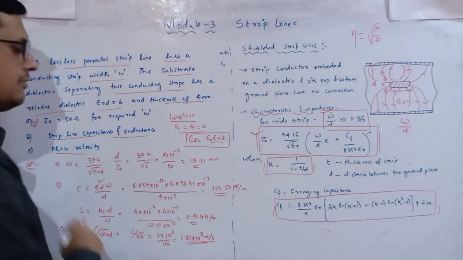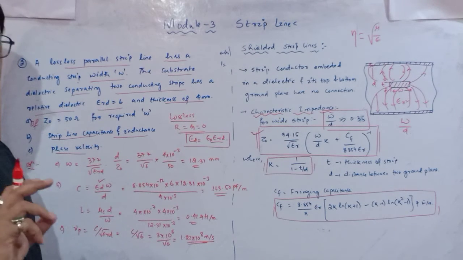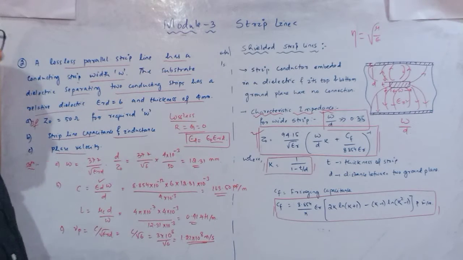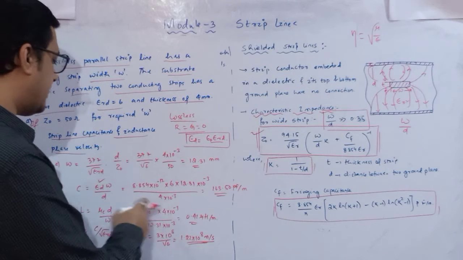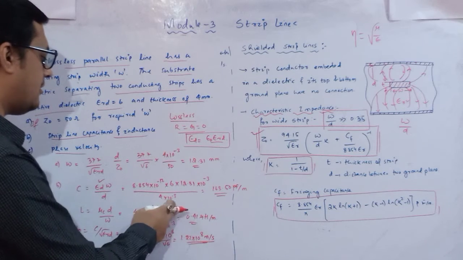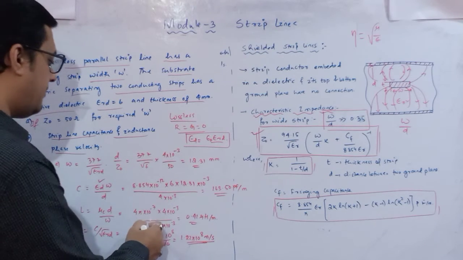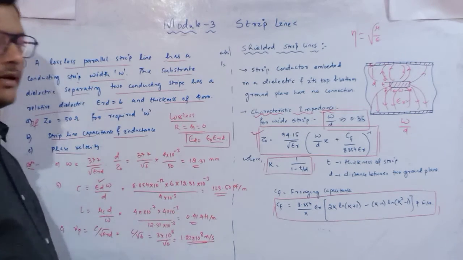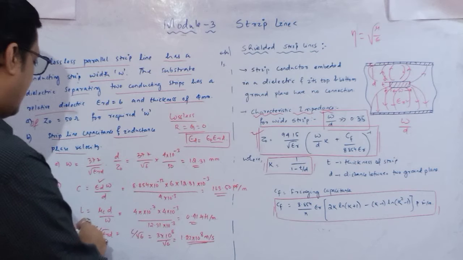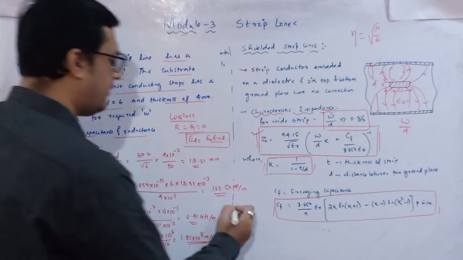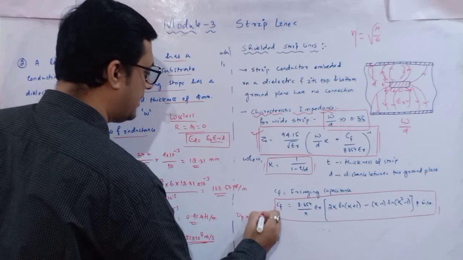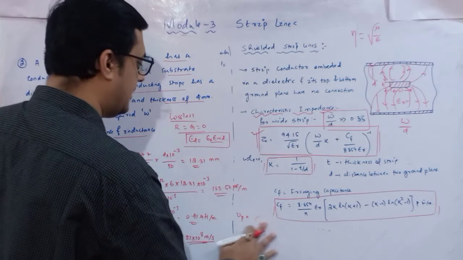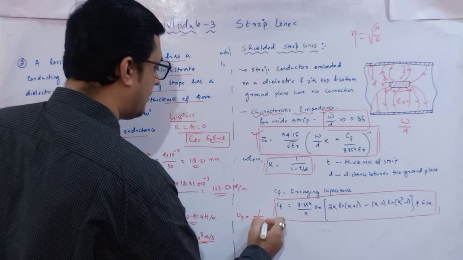Now L equals mu C into D by W. Mu C is the permeability of the conductor, which is the same as the air medium, that is 4 pi into 10 to the power minus 7. D is the thickness, 4 into 10 to the power minus 3, divided by 12.31, the width of the strip, and you will get 0.41 microhenry per meter. And what is the relation for phase velocity? Phase velocity is C divided by root epsilon RD, but basically it is 1 by root over LC.